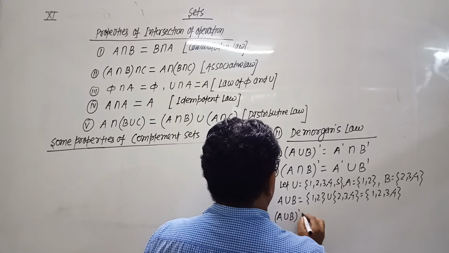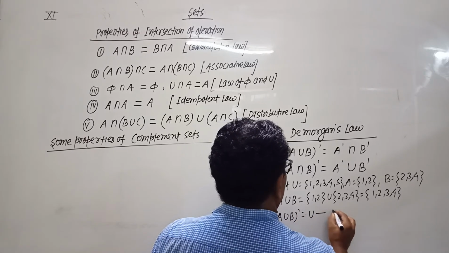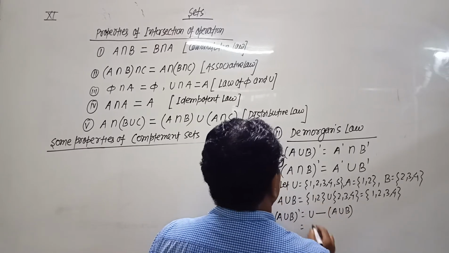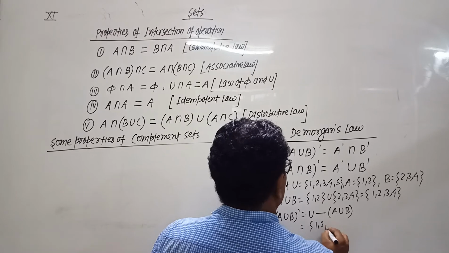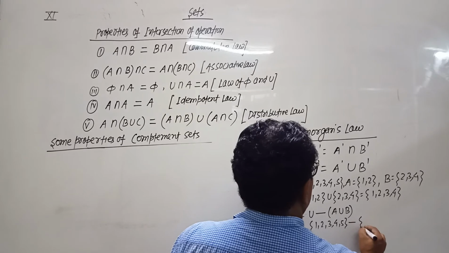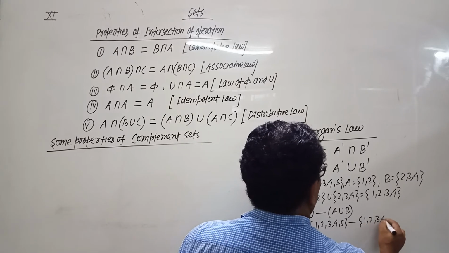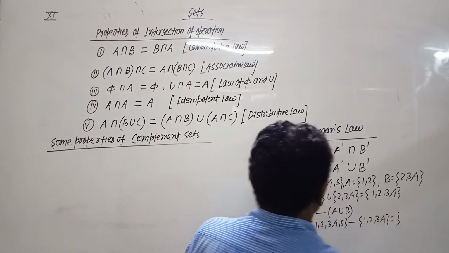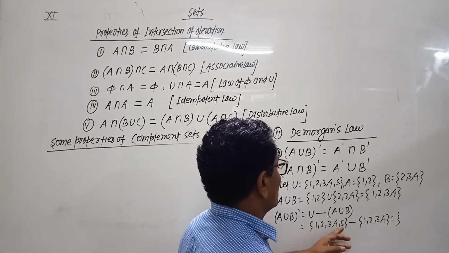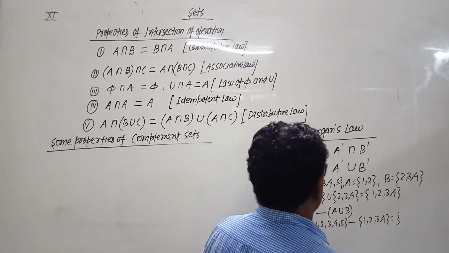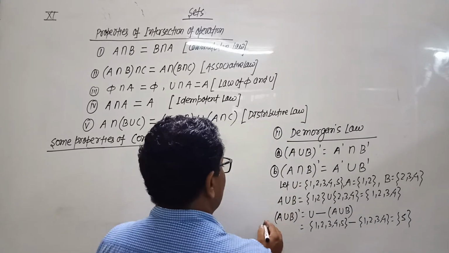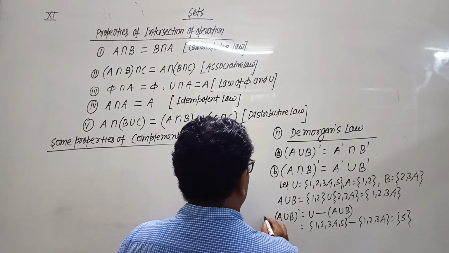(A union B) dash is equal to U minus (A union B). The elements of U are 1, 2, 3, 4, 5 minus A union B, which is 1, 2, 3, 4. We have to write those elements of U which are not in A union B. So 5 is not available in A union B. So it is 5. So this is LHS, (A union B) dash.